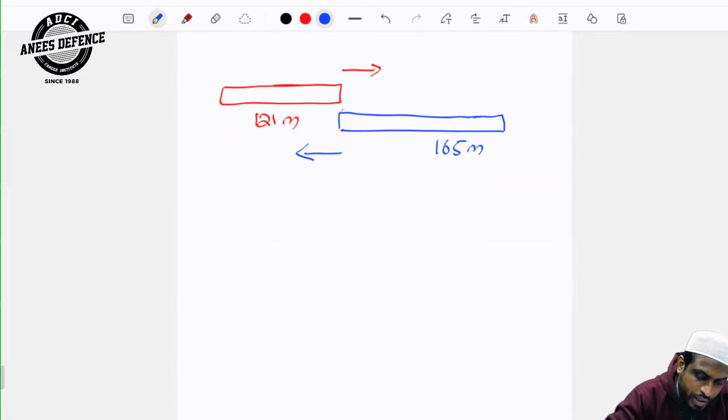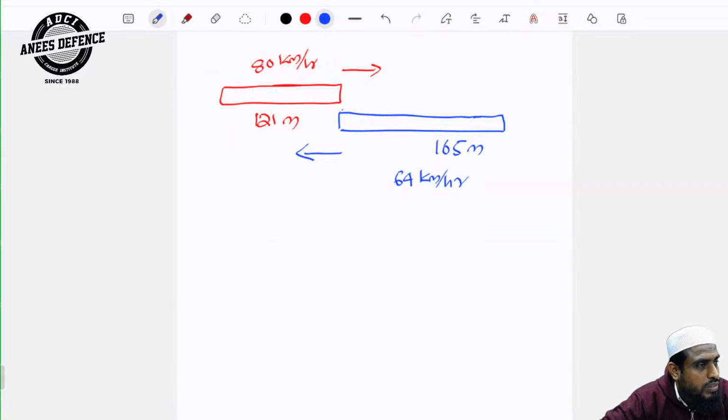The speed of the first train is 80 kilometer per hour. The speed of the second train is 64 kilometer per hour. In what time will they completely clear off each other from the moment they meet?